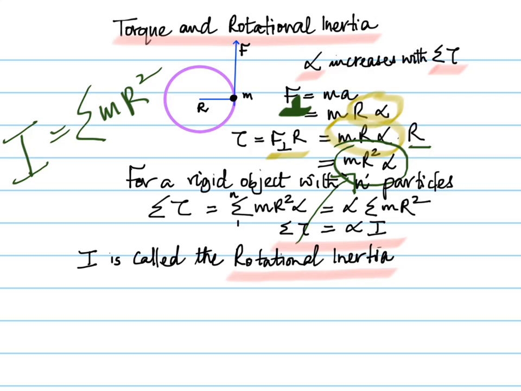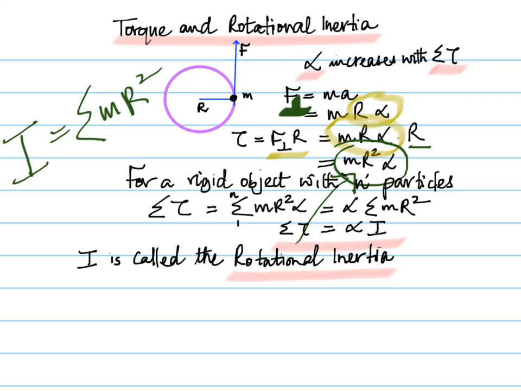Okay, not done yet. Compare a disk and a ring. Come back and listen. Let's say you have a disk and a ring. Both have the same mass and both have the same radius. All right? Which one will have a bigger rotational inertia?